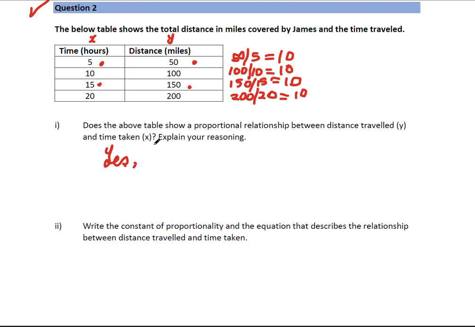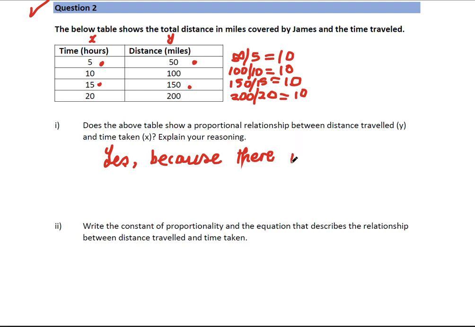So yes, and the reason is because the ratio of x to y is the same, because there's a common ratio of x to y, and this common ratio of 10 means that for every 1 hour spent traveling, 10 miles are covered. That's how you interpret this.